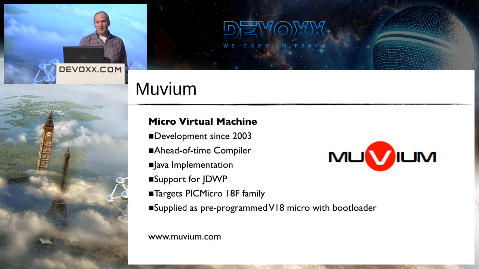It's fully implemented in Java, and I've actually implemented the JDWP for it as well, which means you can plug that into Eclipse or the like for in-circuit debugging. The current target is the Microchip PIC18 family, which we supply pre-programmed. So you just plug it into your application, and then you can use the tools to program the device.